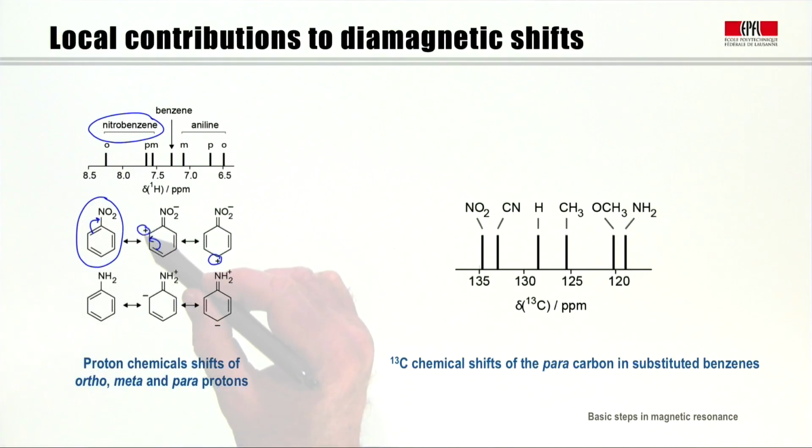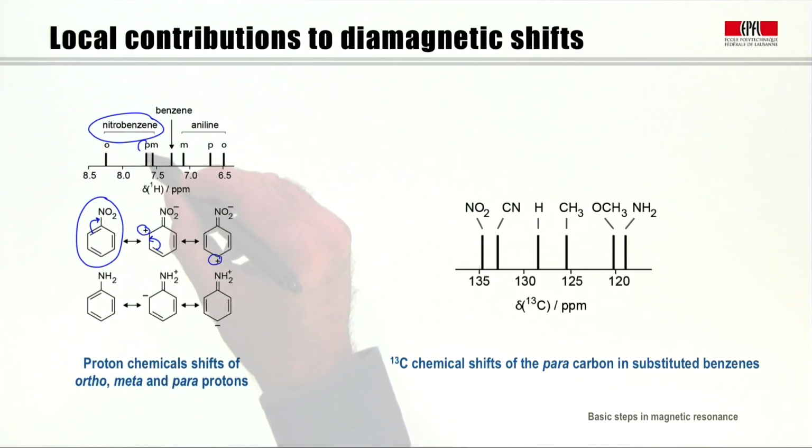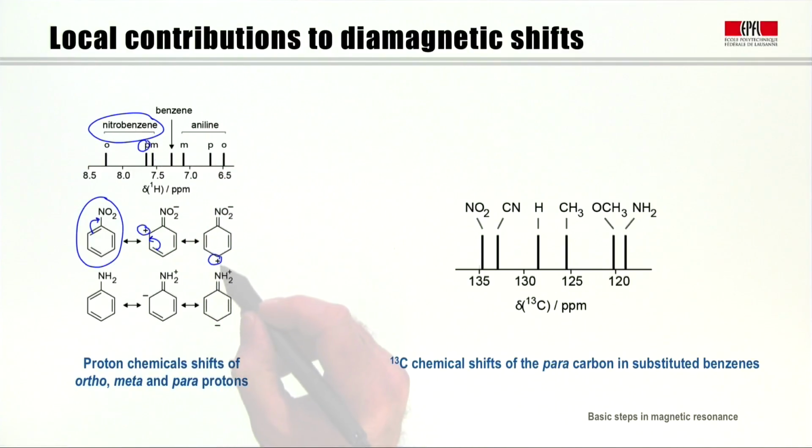You can imagine that because the electrons are being withdrawn, there is a lack of an electron cloud, and therefore it's less shielded. And likewise, in the para position, that is over here, there's a similar effect, although it's much less pronounced.